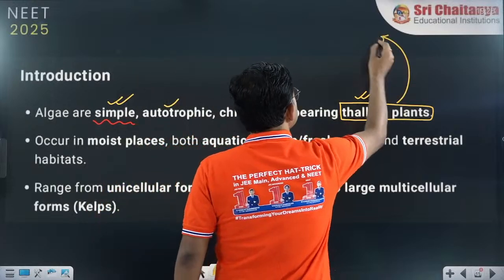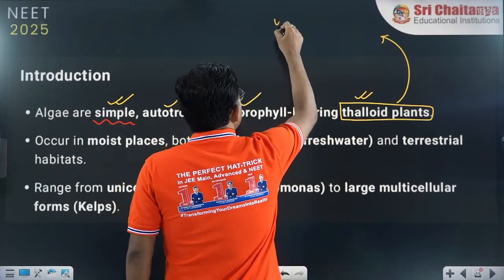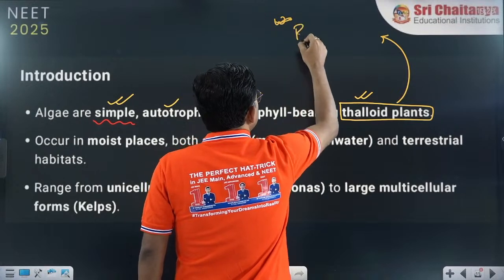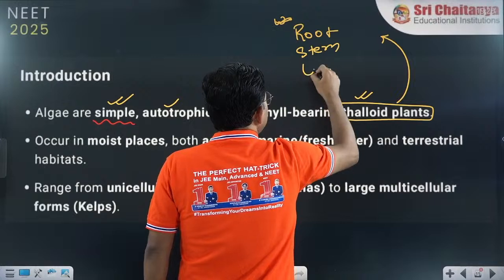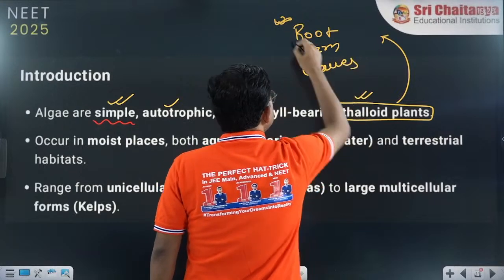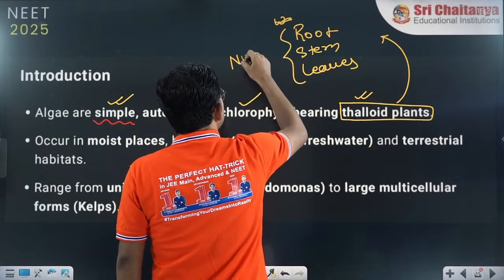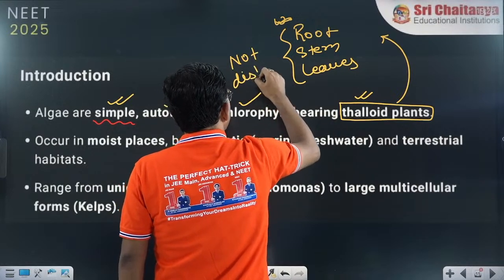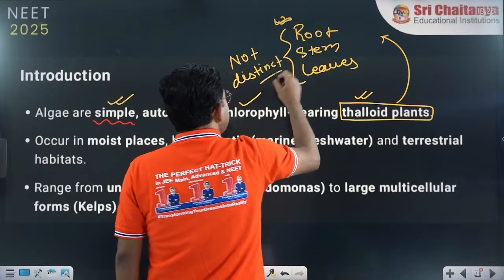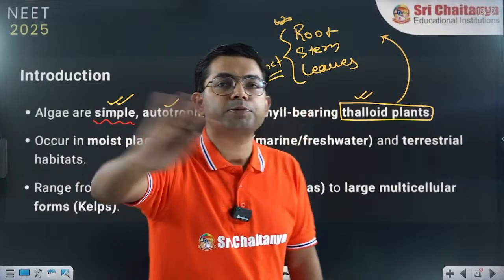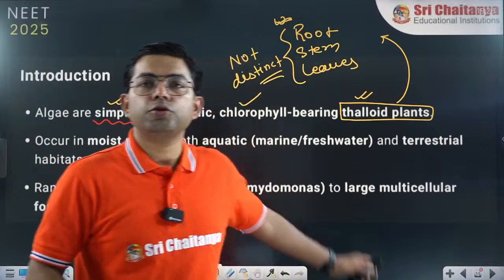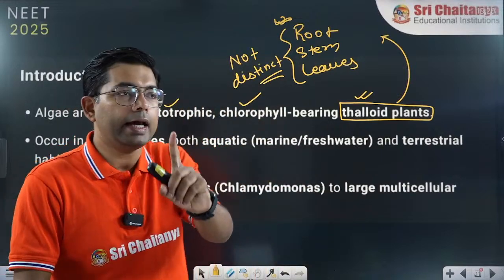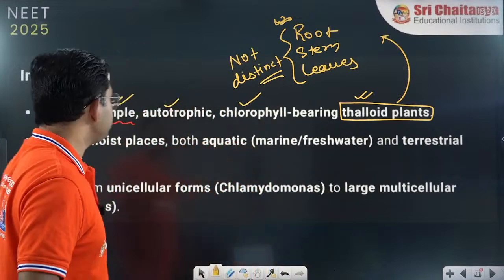Means when root, stem and leaves are not distinct. Also you can say that root, stem and leaf are absent, so it is a thalloid body. So algae has a thalloid body.